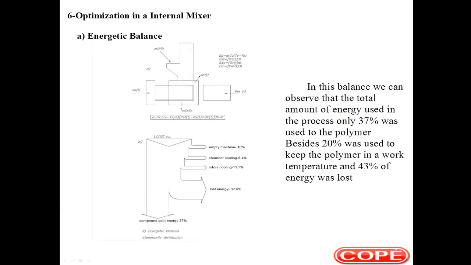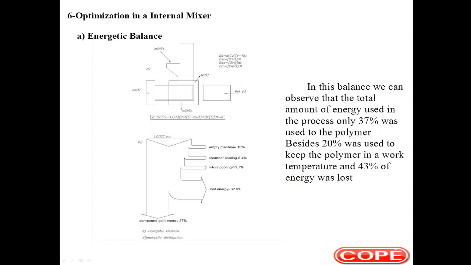Another important concept is the thermal balance. In this case, we put the amount of rubber in the mixer chamber. Then we have the mechanical work of the motor, and also the cooling system that maintains the temperature.